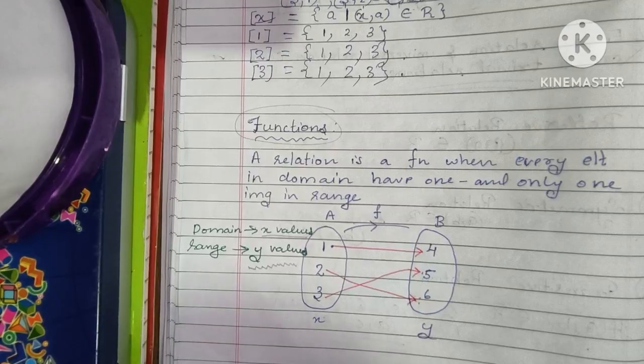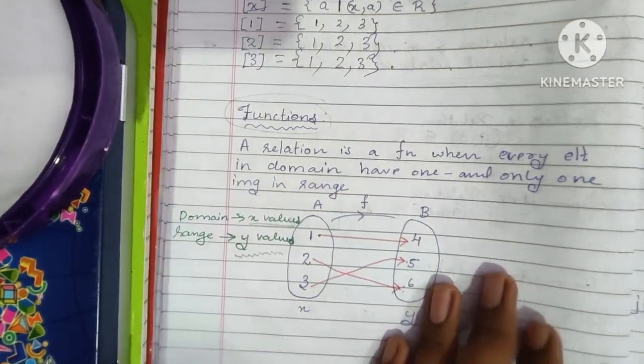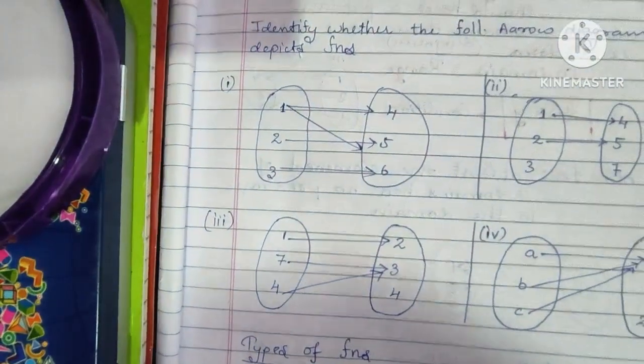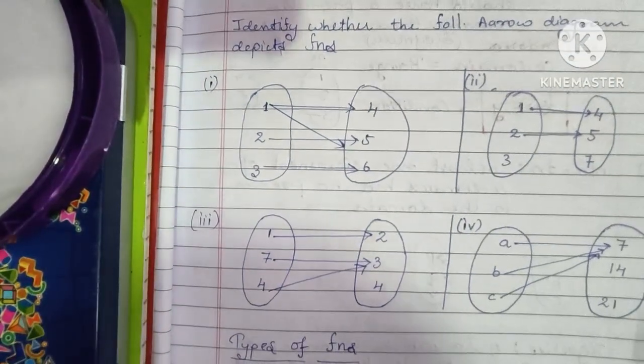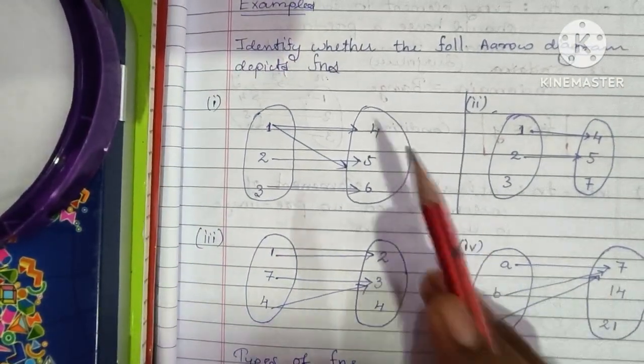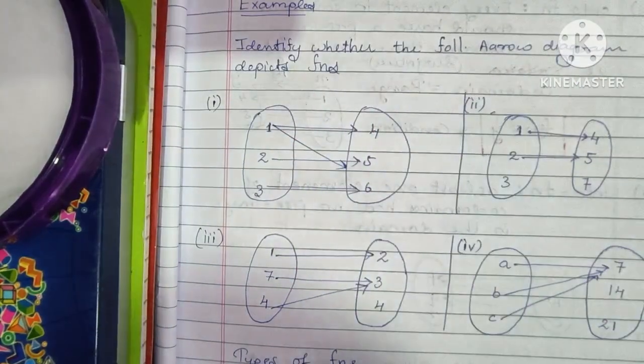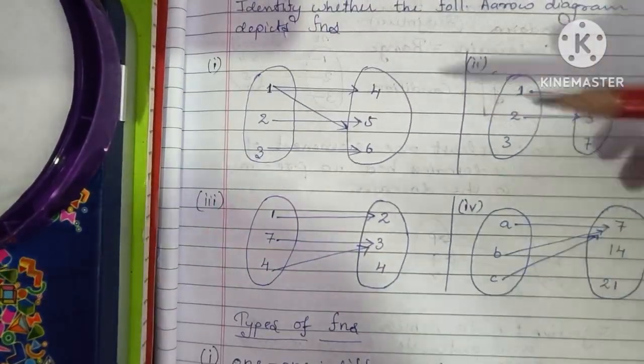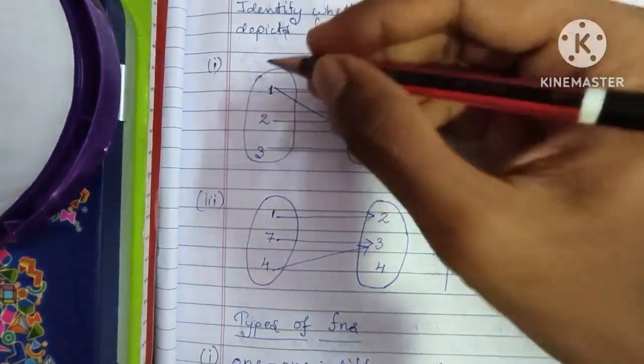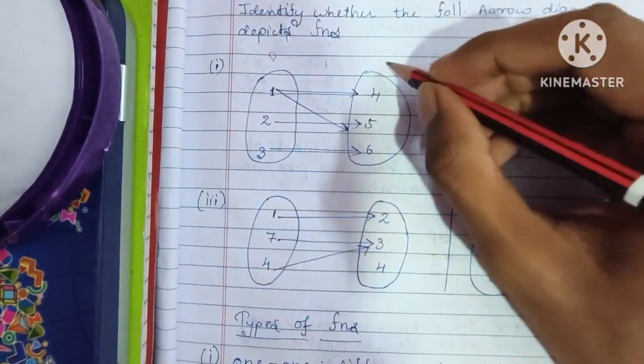So let us discuss some examples so that you can understand the concept of functions. These are some kinds of questions that you should solve now. Identify whether the following arrow diagrams depict functions. Here you can see this is the domain and this is the range.